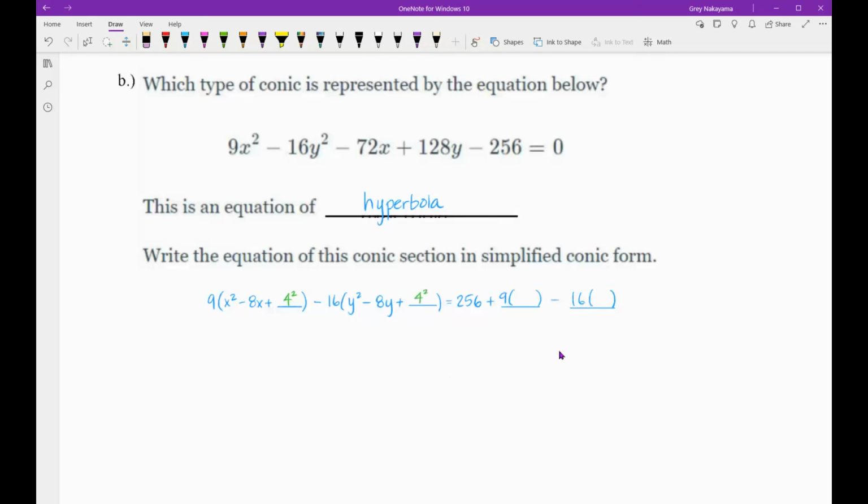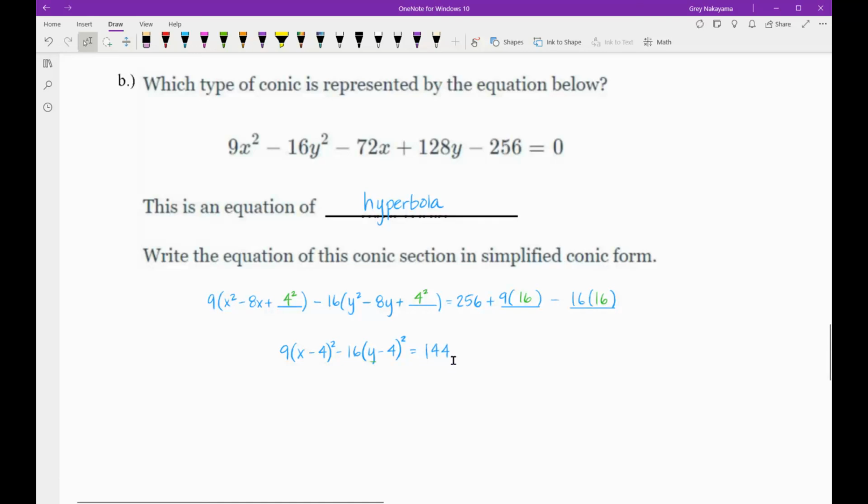So again, half of 8 squared, 4 squared is 16 in both of those cases. So my factoring is going to give me 9 times x minus 4 quantity squared, and then minus 16 times y minus 4 quantity squared again equals 144.